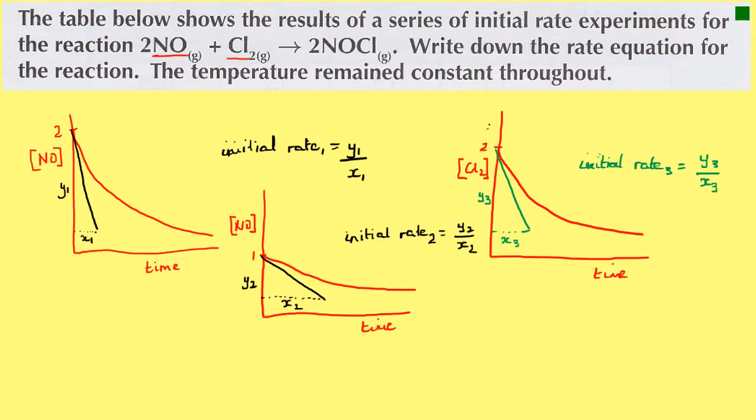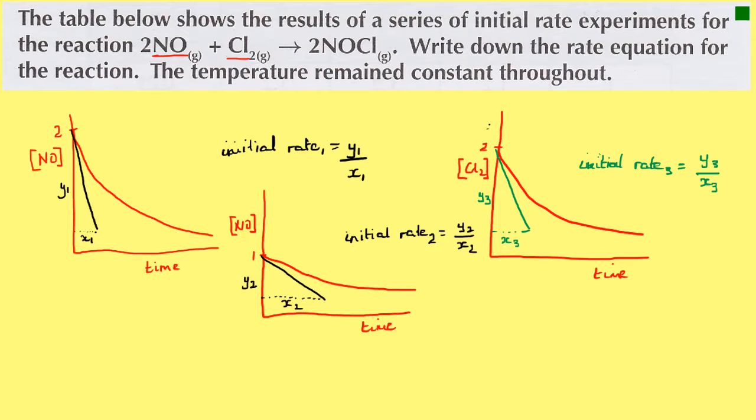Then we might do a second experiment, and this time also look at the concentration of nitrogen monoxide over time. But in this case, we might start with a 1 mole per decimeter cubed concentration, in which case we might get a concentration time chart like that.